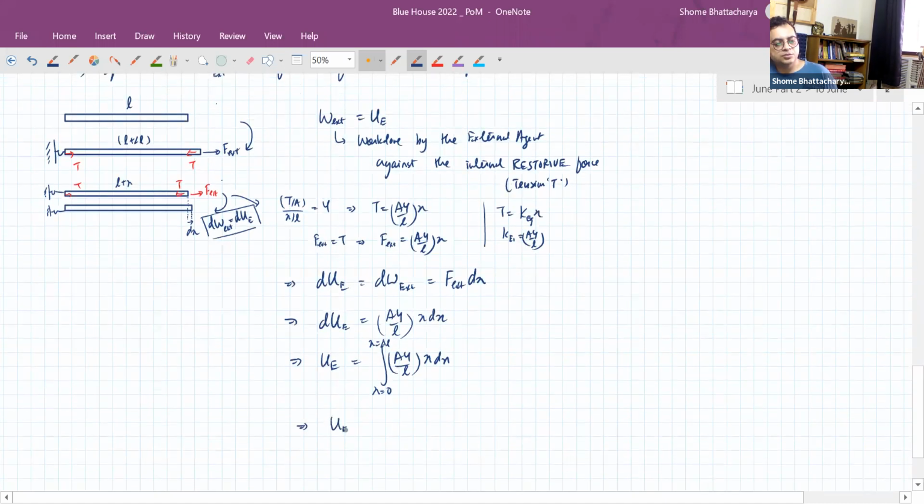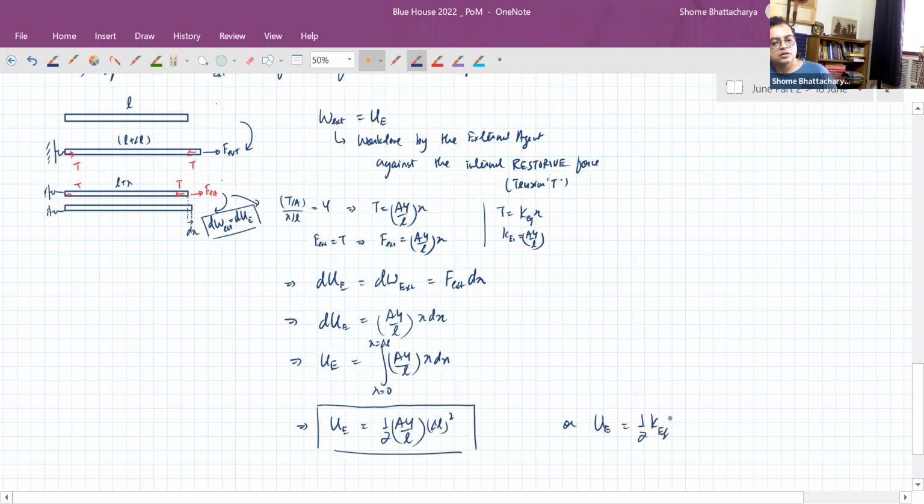So the elastic potential energy stored becomes half AY by L into delta L squared, which is equivalent to half equivalent spring constant into x square, where x is our delta L and the equivalent spring constant is AY by L. So you can remember this formula by analogy with an equivalent spring.